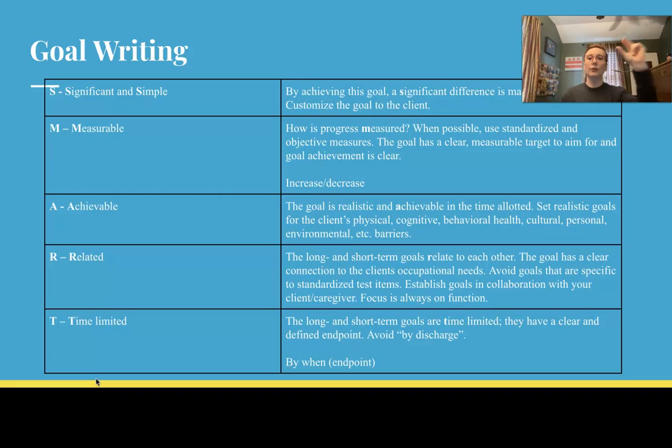I can have a long-term goal of upper body dressing and a short-term goal that breaks down the components that are hard for me to do. So that's my activity analysis right there. Upper body dressing is hard for me to do. That's my long-term goal, to be able to do it. My short-term goals directly address that long-term goal.